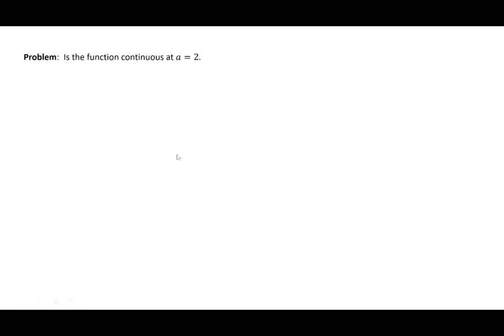Cool? All right. Now, as promised, let's get to the point. Is the function continuous at a equals 2 if the function is defined this way? The question makes sense? I'm giving you a function, and now instead of giving you a graph of a function, I'm giving you a function that is defined the way that you see on the screen.